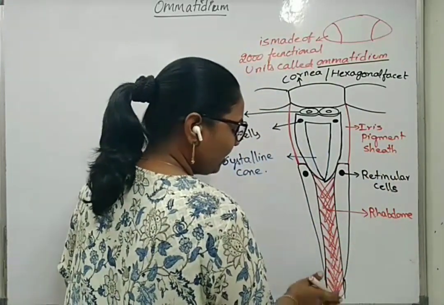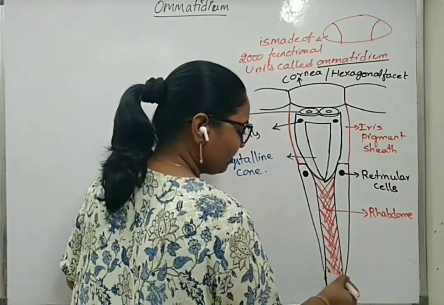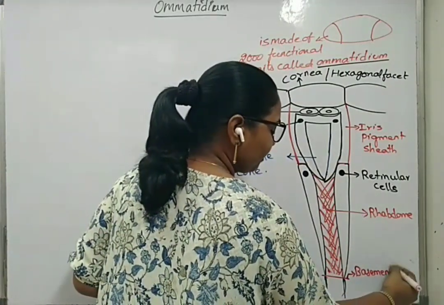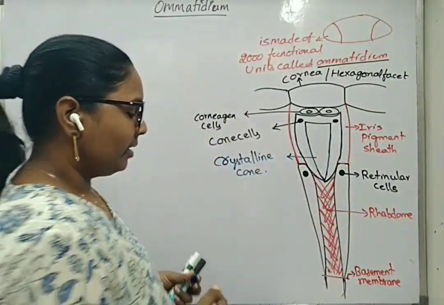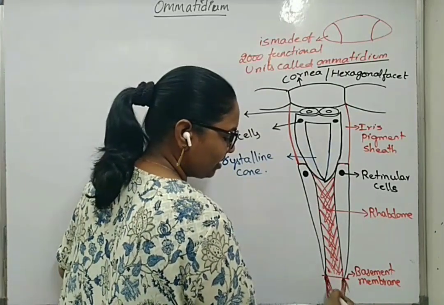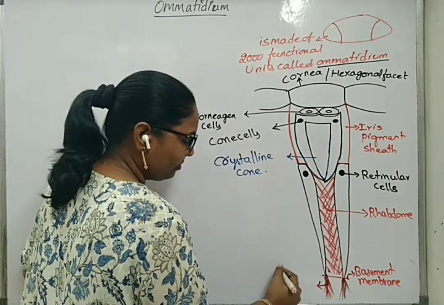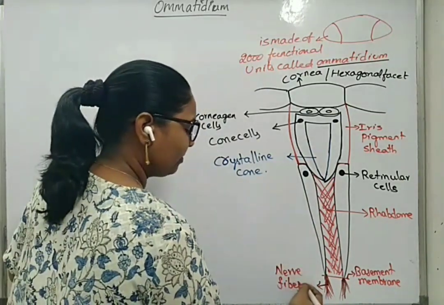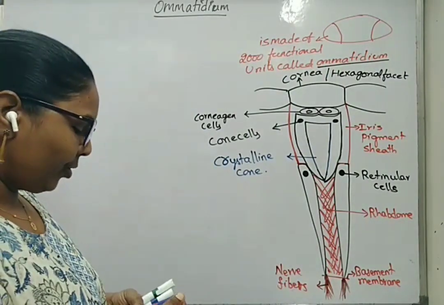These retinular cells lie on this basement membrane. After this, the retinular cells extend as optic fibers or optic nerves, the nerve fibers. So these are just the labelings of the Ommatidium structure.